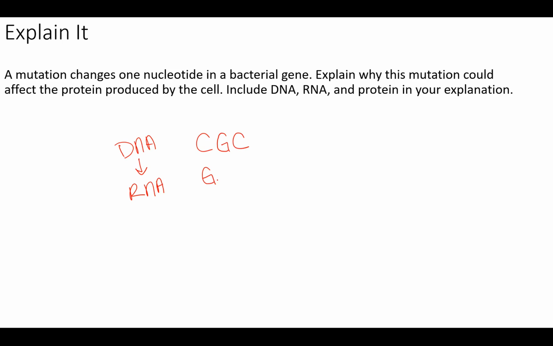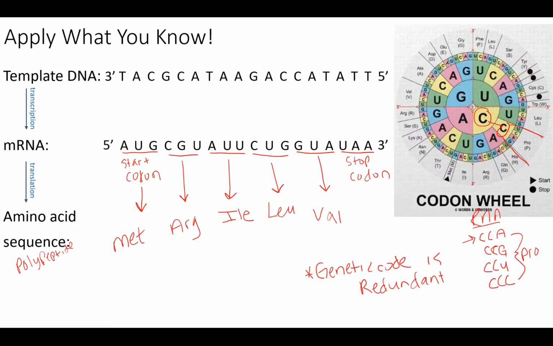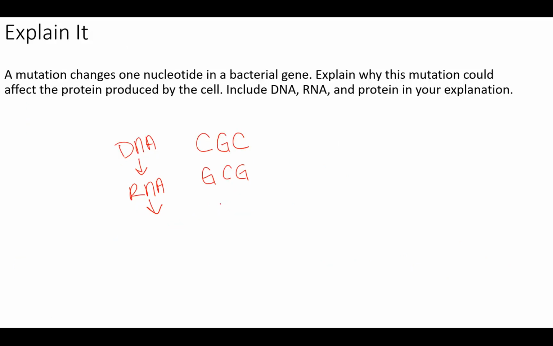So think of base pairing. So my codon would be GCG. So let's go back and look at what that gives us. GCG gives us the amino acid alanine. So that's going to give me alanine, and I'm going to put AA for my amino acid. So that's what should be.